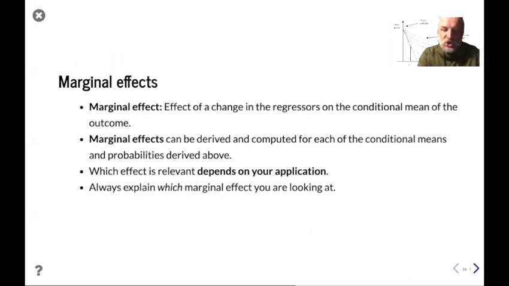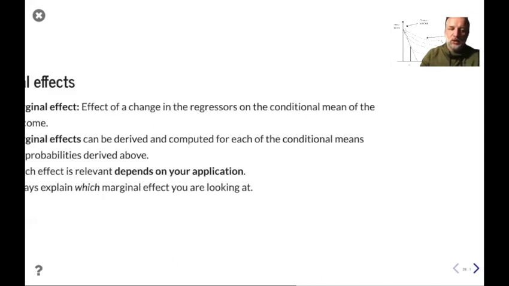Okay, so the marginal effects can be derived and computed, and we're going to do that. Which effects you look at depends on your application, and you have to be precise on what that is. Is it data censoring, or is it corner solution outcomes? Okay, we're going to look at each of them.